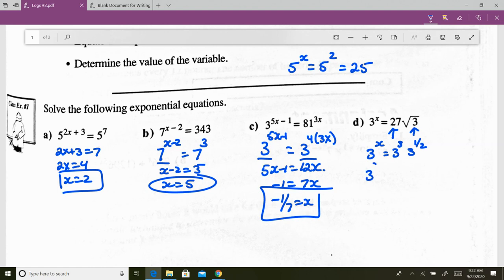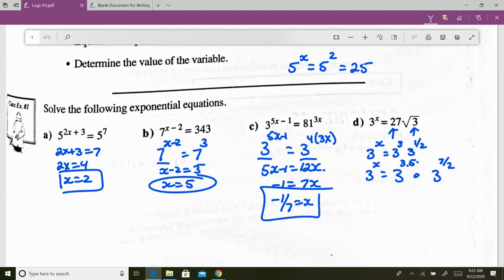Add them. So 3 to the power of... is 3. Now you could do a decimal. I'll vomit a little bit if you do, but that's okay. But you can combine them. You're going to make it a common base. So you get 3 to the 7 halves.